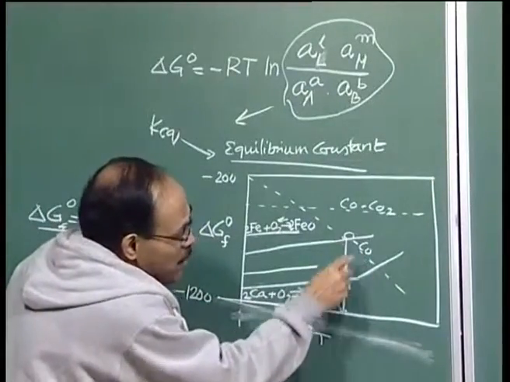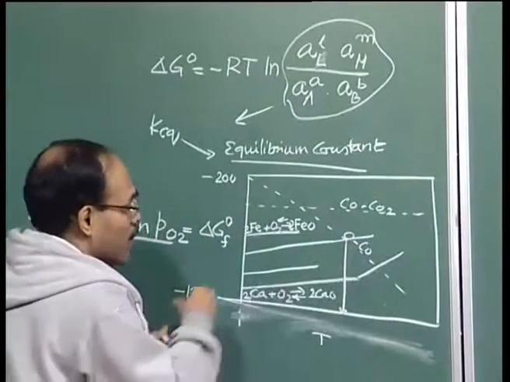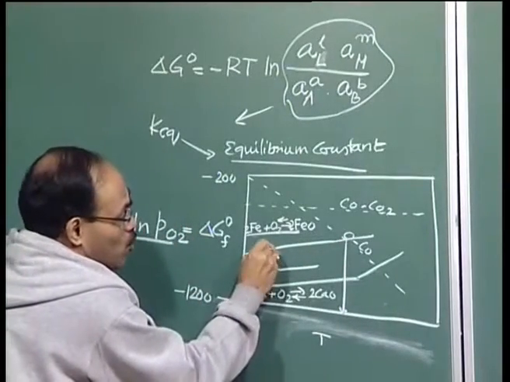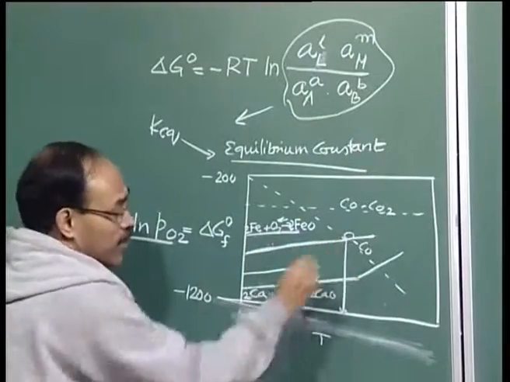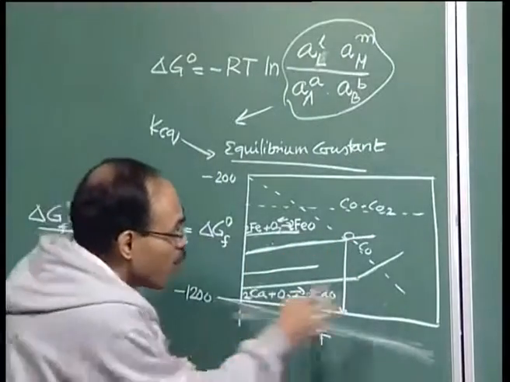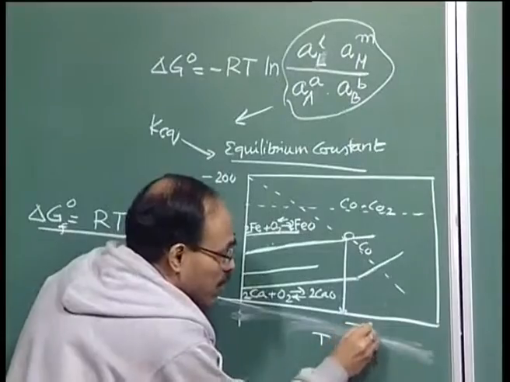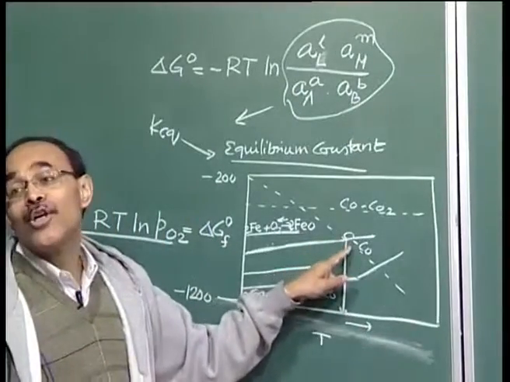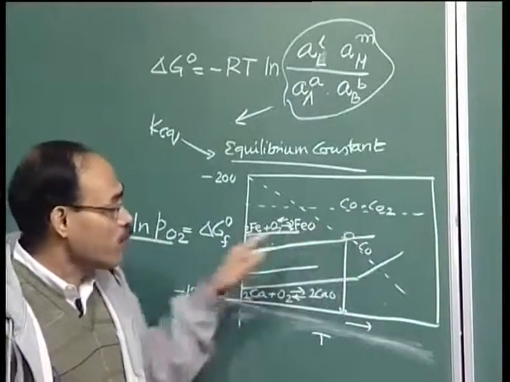Therefore, above this temperature, carbon monoxide is far more stable than the oxide corresponding to this line. So if you go beyond this temperature, carbon monoxide will be able to reduce the oxide itself.